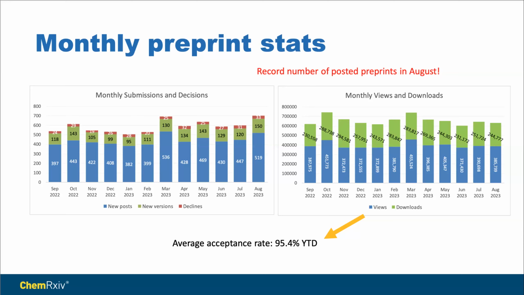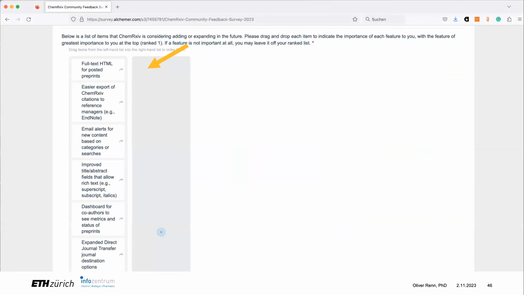And there was recently also a questionnaire on what should be improved with ChemRxiv. For example, a request was to view HTML on screen for easier navigation, email alerts for new contents, which is still missing, improved search, dashboards for all co-authors, and expanded direct transfer to journals, which is difficult because you have to format the PDF from the author to XML and then make the XML compatible to the publishing site from the journal.